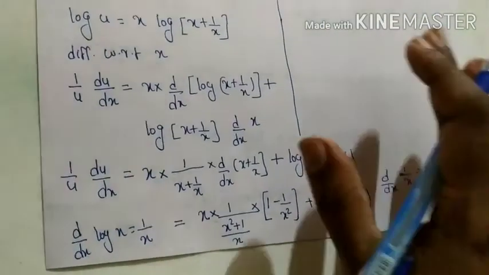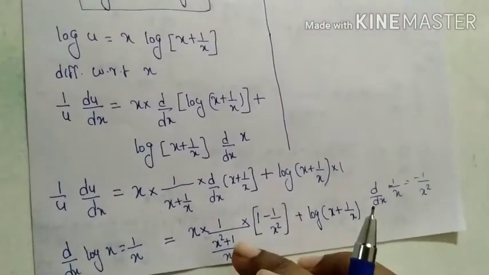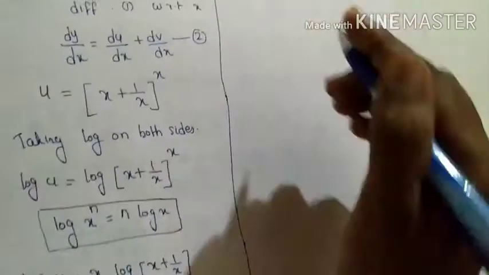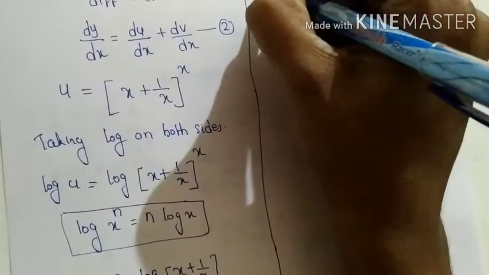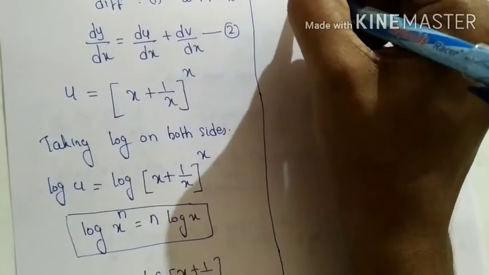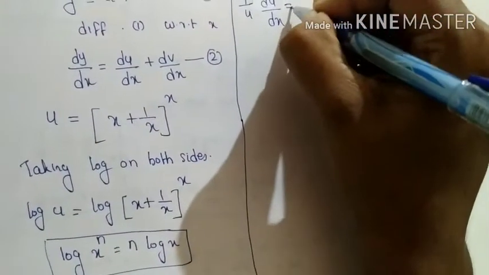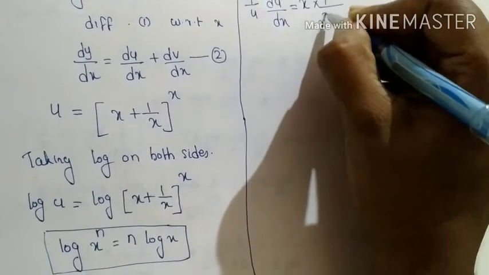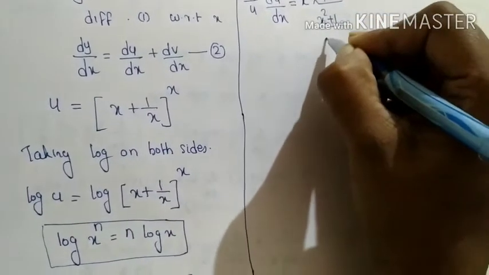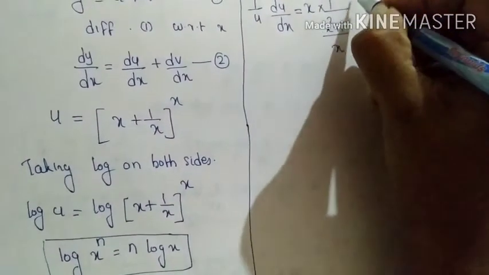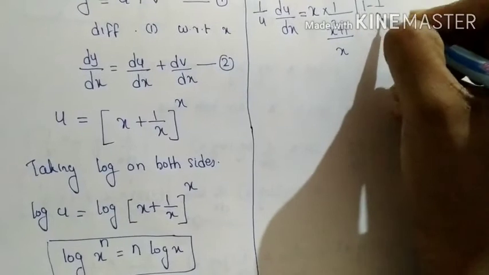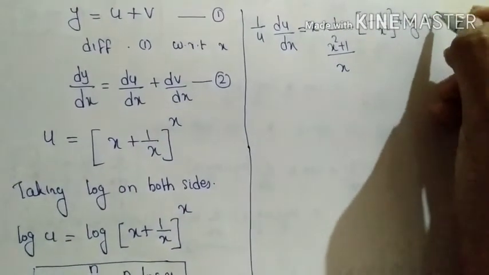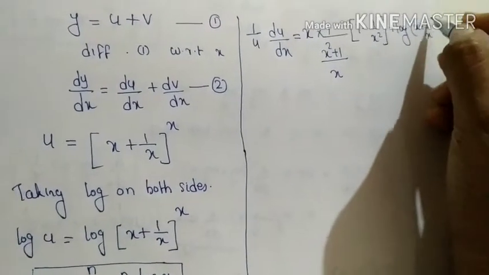Okay. So I'm going to write this step again. 1 by u du by dx equal to x into 1 divided by (x square plus 1) by x, into (1 minus 1 by x square), plus log of (x plus 1 by x).